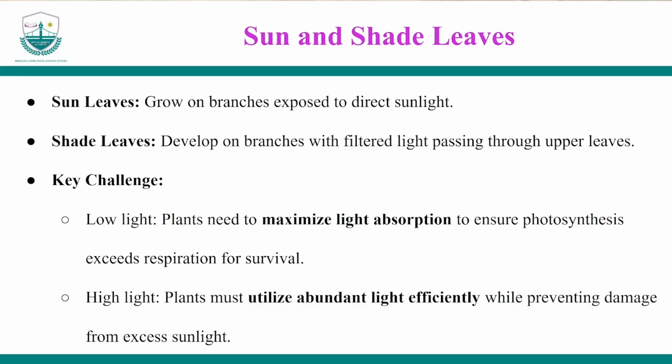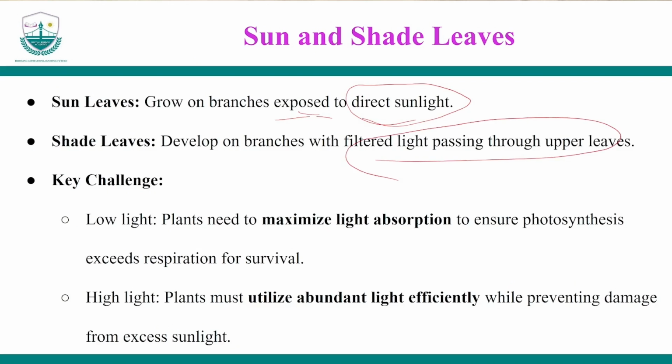So what happens if we have leaves that are under the shade and leaves that are very exposed to the sun? Of course, they need to have different adaptations in terms of light absorption. We start with the sun leaves. These grow on branches that are exposed directly to the sunlight, and then the shade leaves are the ones that are under other leaves.